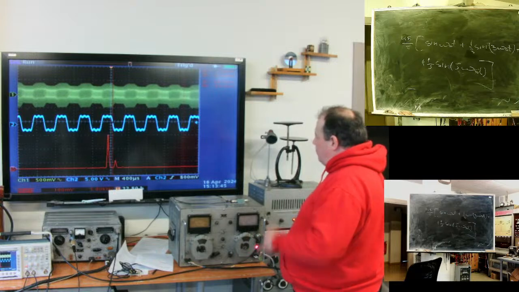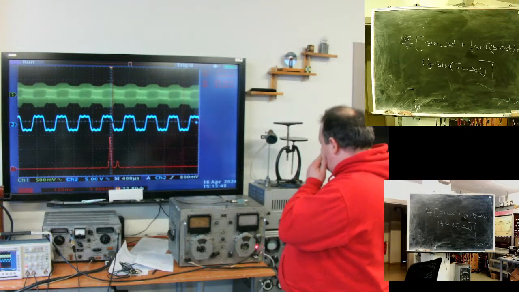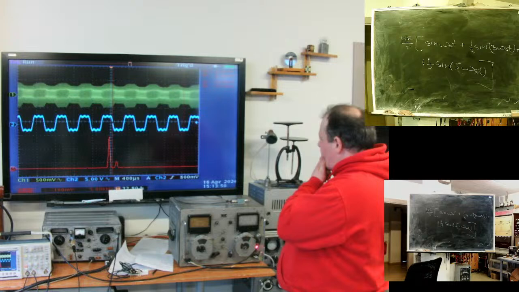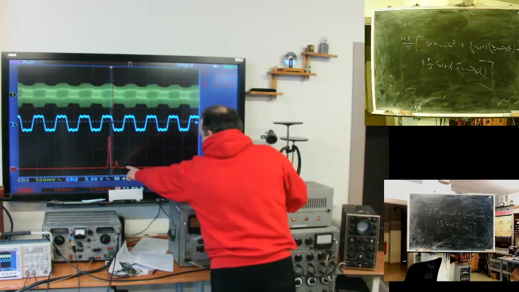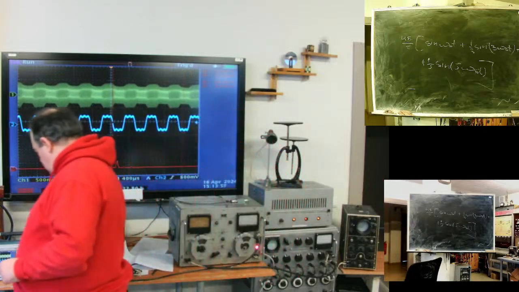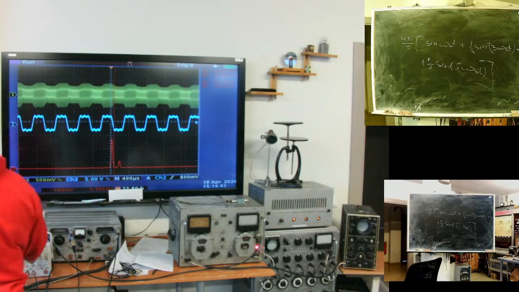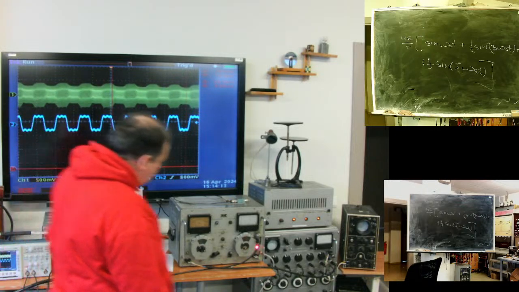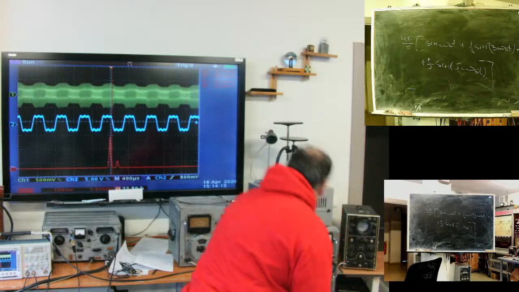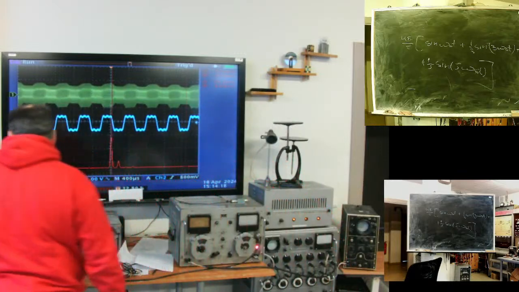I'm in AM mode, and in AM mode you can see, wait one moment, let's try to set this to 0 and the red line. Why is it saying 90? It's lying.